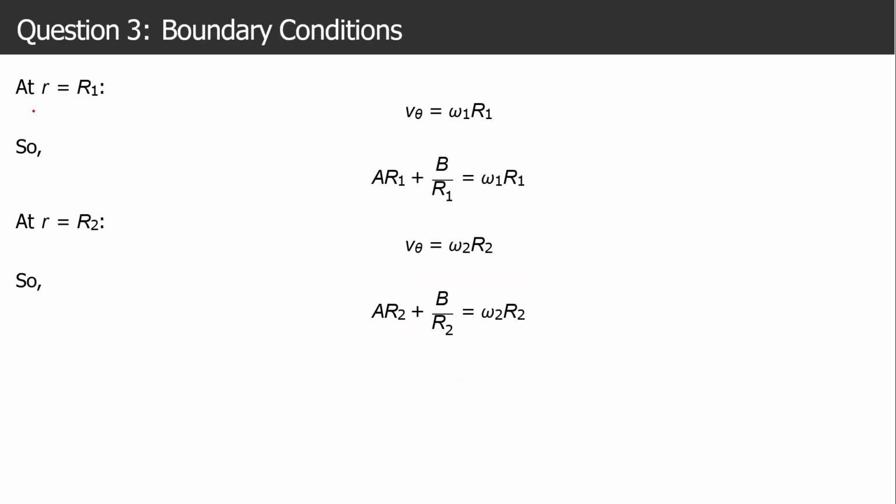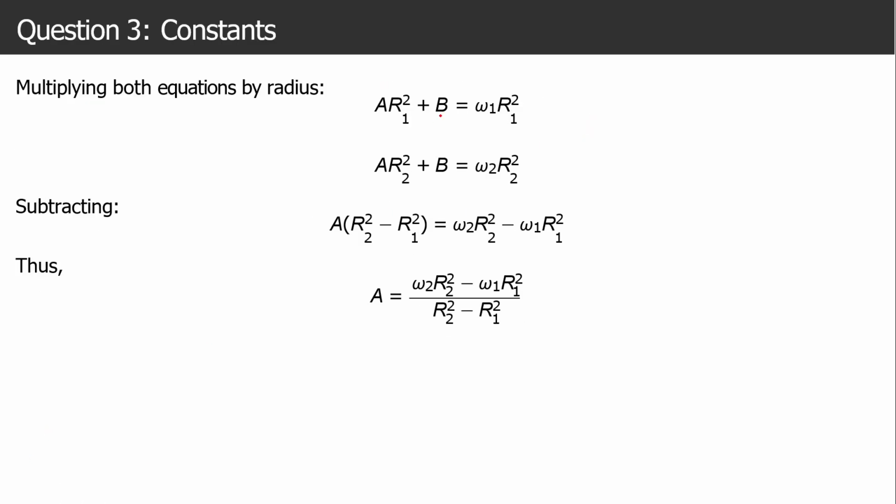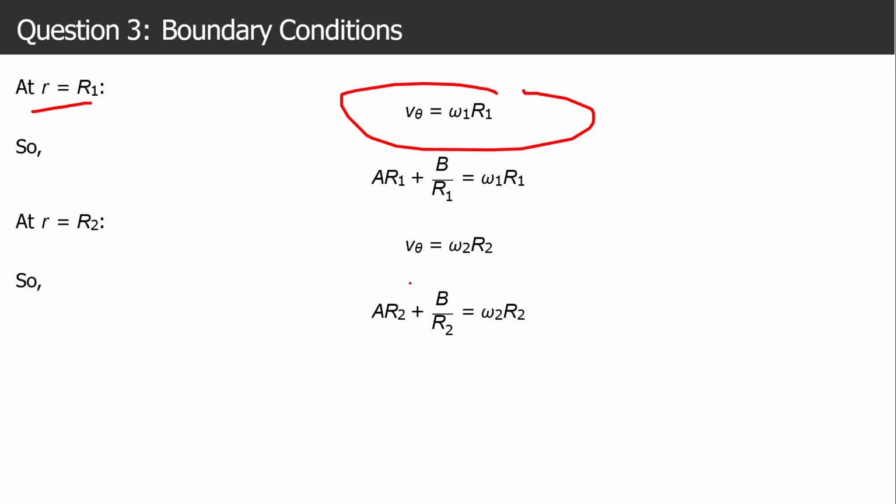Now we have two boundary conditions. At r equals r1, v theta will be w1 r1, and at r equals r2, w2 r2, as both are different radii and both will have different angular velocities. Substitute these and we will get a and b. We have already done this in the first problem: substitution of boundary conditions and simplifying.